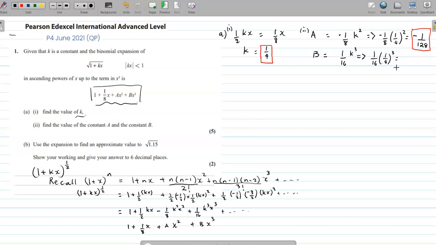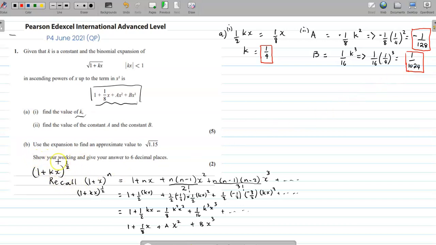Upon working that out, 64 times 16 is 1024. So b equals 1/1024. So we have found the values of a and b.